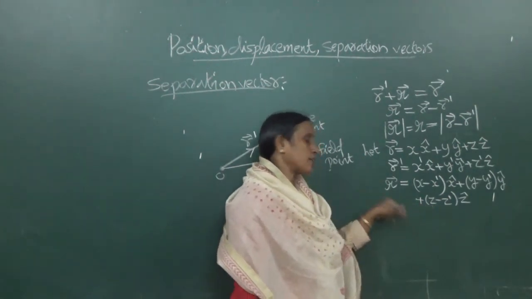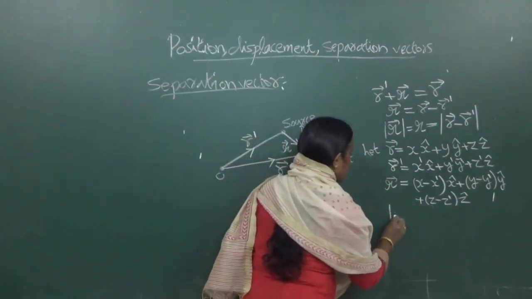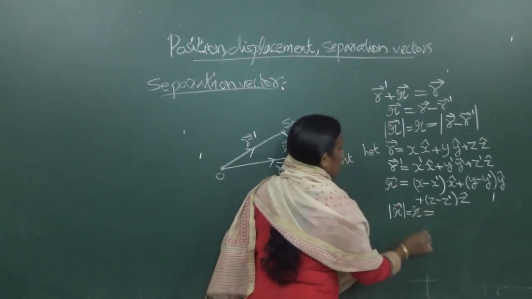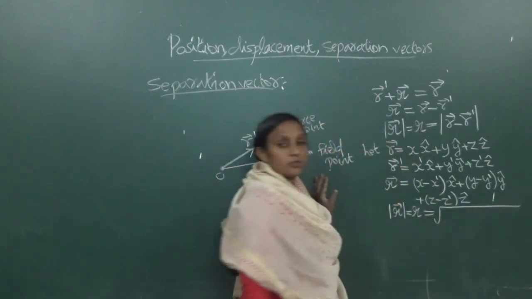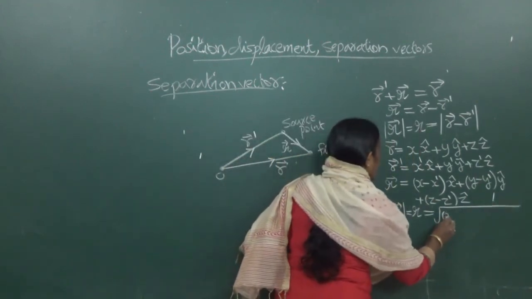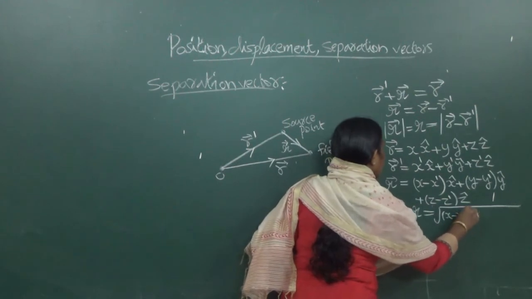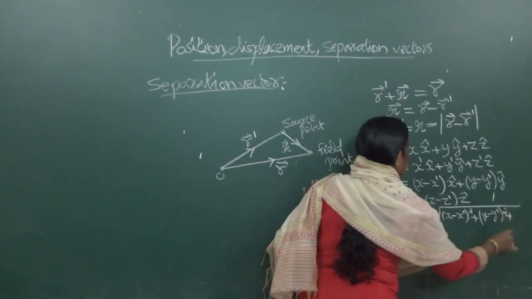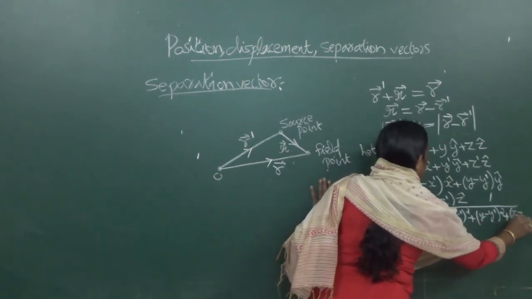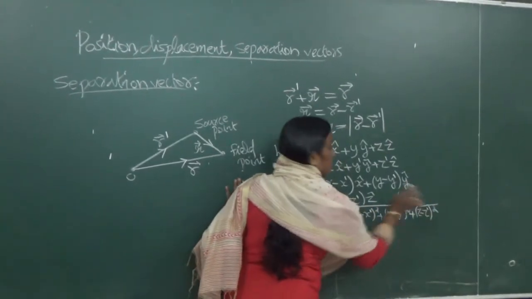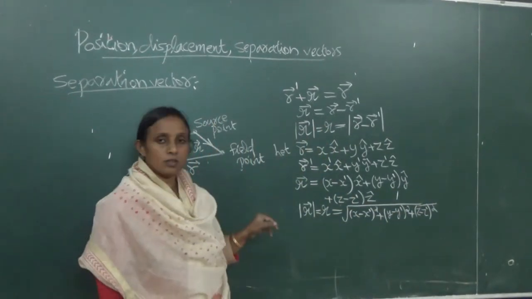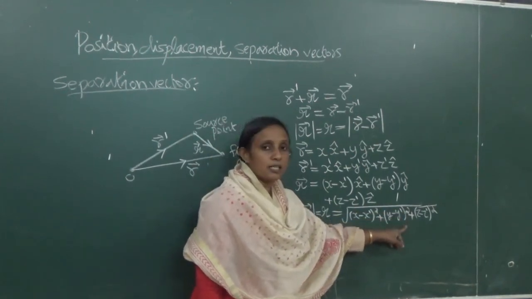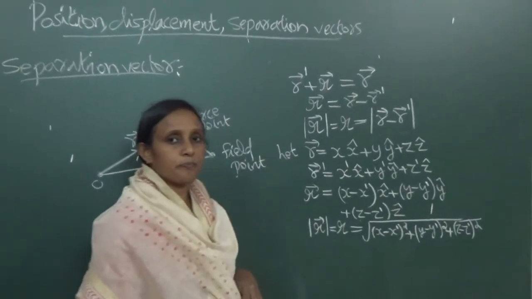So what about its modulus? Modulus of script r equals the root of x minus x prime squared plus y minus y prime squared plus z minus z prime squared.